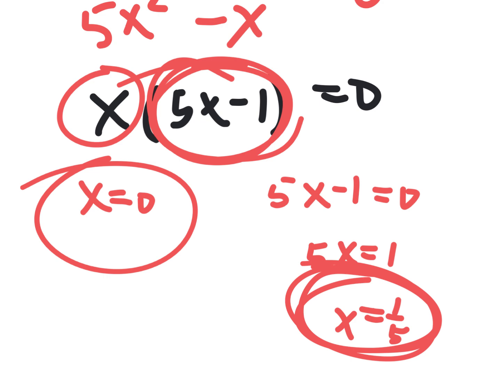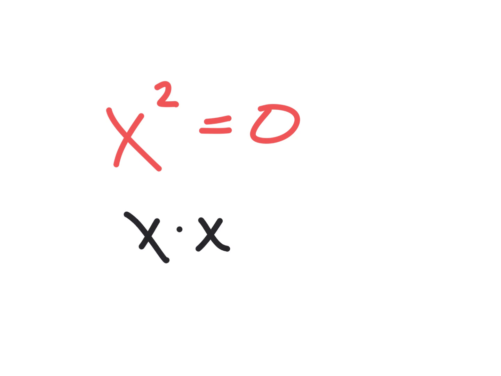Those are my x-intercepts. So, this is still a quadratic. What's its A? 1. What's its B? 0. What's its C? 0. But if you can factor it, you should. And I could factor x squared into x times x.